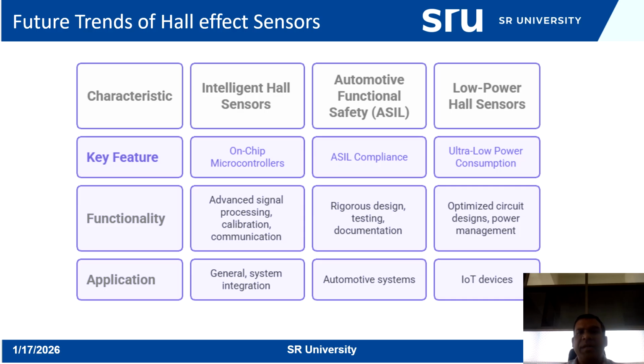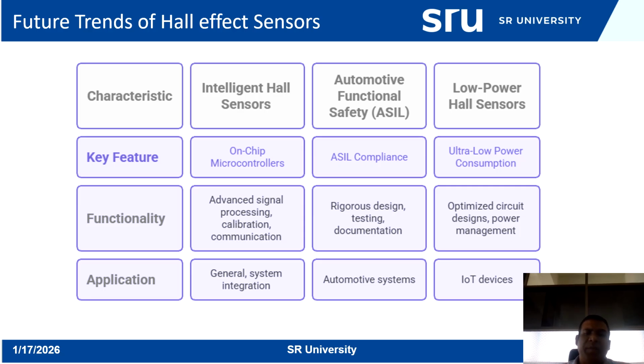And the last one is low power Hall sensors. Mainly it is useful for IoT applications. The proliferation of IoT devices is driving the demand for low power sensors that can operate for extended periods on battery power.